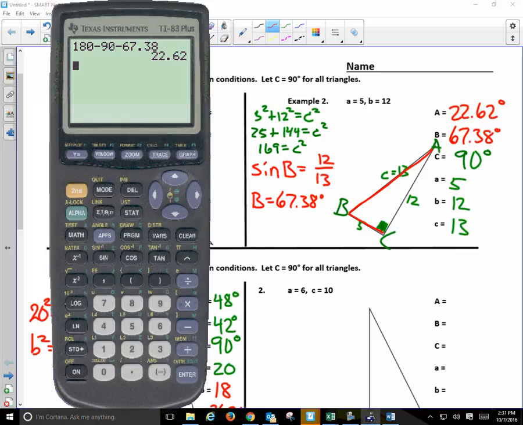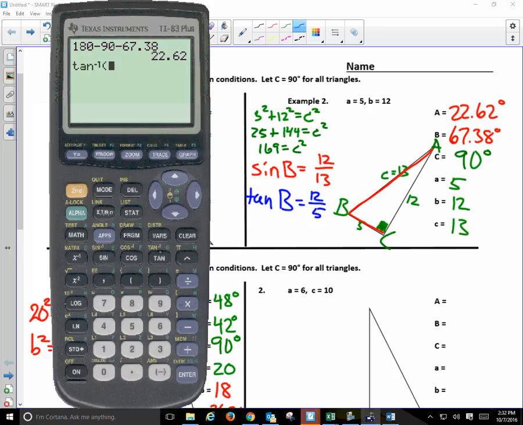Now, suppose Emily changed her mind and she said, I don't want to use sine. I want to use tangent. Which two sides does tangent require? Opposite and adjacent. What's the opposite here? Well, what's the adjacent? Watch this.